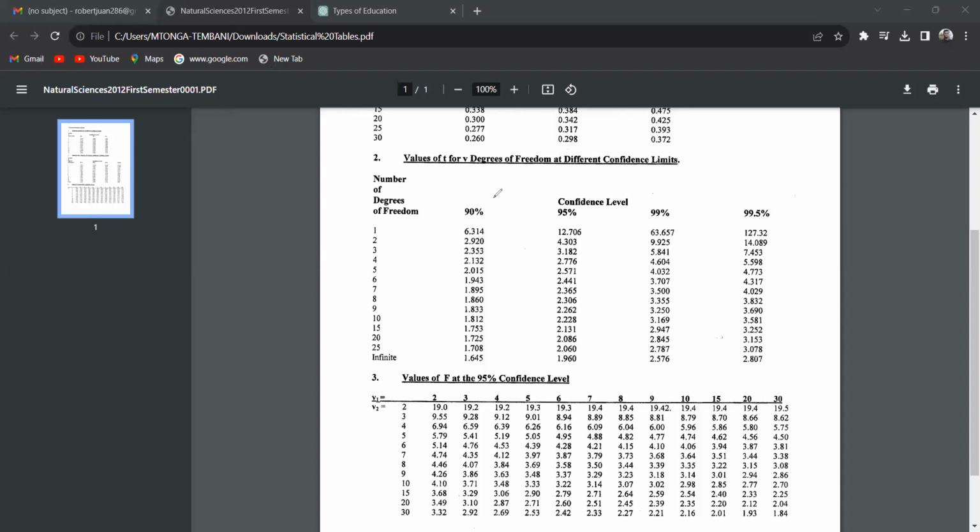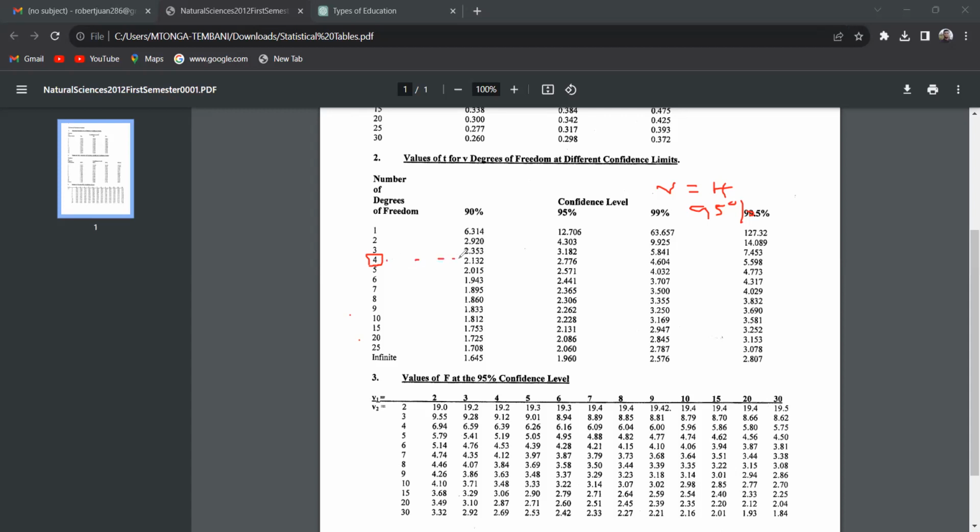So we found that when n is equal to 5, our V is 4, at the 95% level. First of all, these are the V values here. So when V is 4, you are here. Then at 95, you go along the same row until you reach 95.